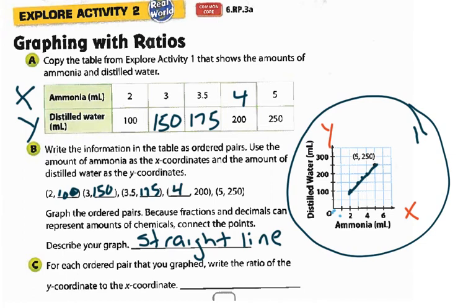Now it says, for each ordered pair that you graphed, write the ratio of the y-coordinate to the x-coordinate. Remember, in your table, here's your y to your x. So they want you to write that ratio. It should be 100 over 2, then 150 over 3.